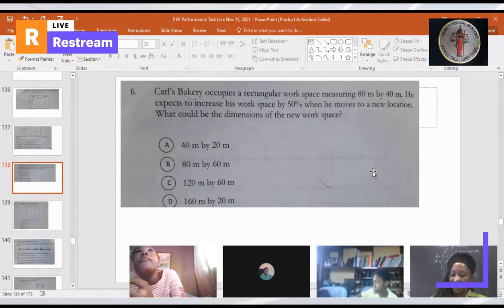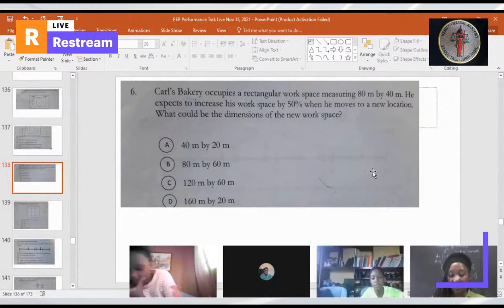If his original workspace was 3,200 meters square, that's the area he has to work with. And if he's going to increase that area by 50%, so 50% of the 3,200, half of it is 1,600.